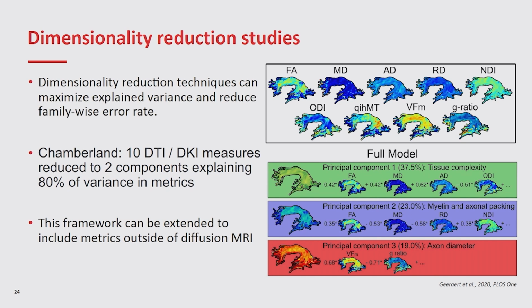We interpreted 2 of them as having the same sensitivities as the previous study, so tissue complexity or fiber architecture, and a myelin and axon packing or restriction-based component. We also identified another factor of axon diameter, which could be an area of interest for us.